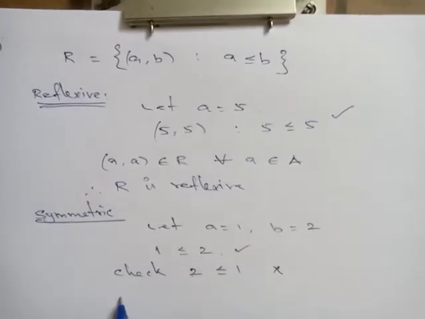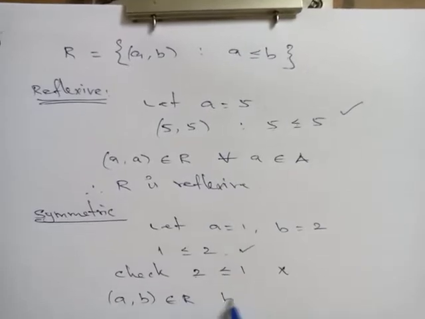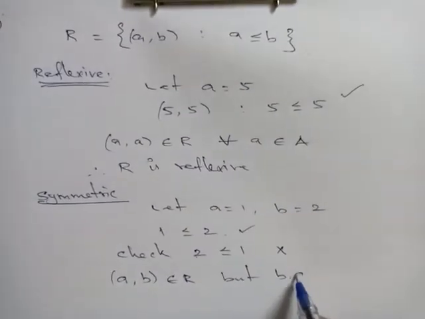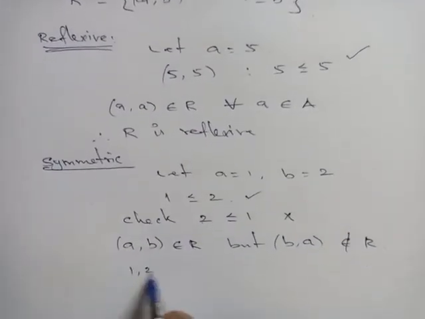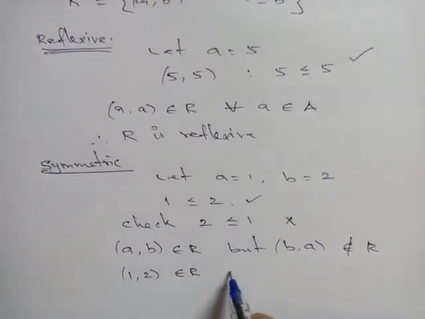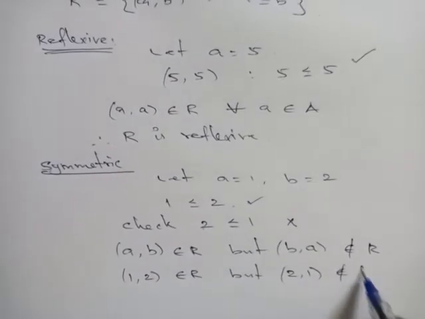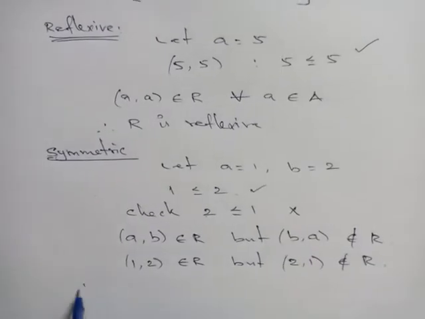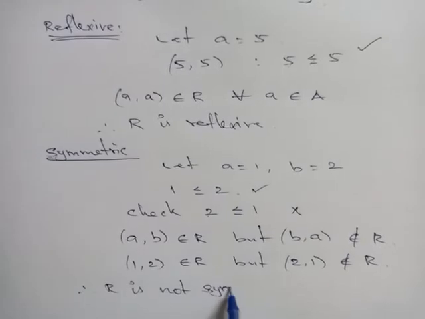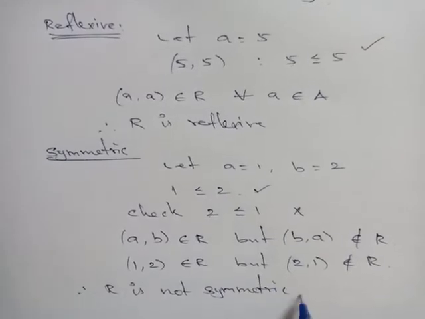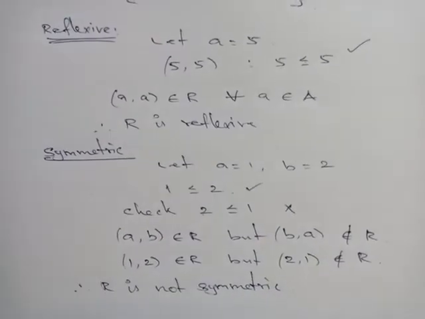So a comma b belongs to R, but b comma a does not belong to R. For example, 1 comma 2 belongs to R, but 2 comma 1 does not belong to R. Therefore, we can say R is not symmetric. That's all.